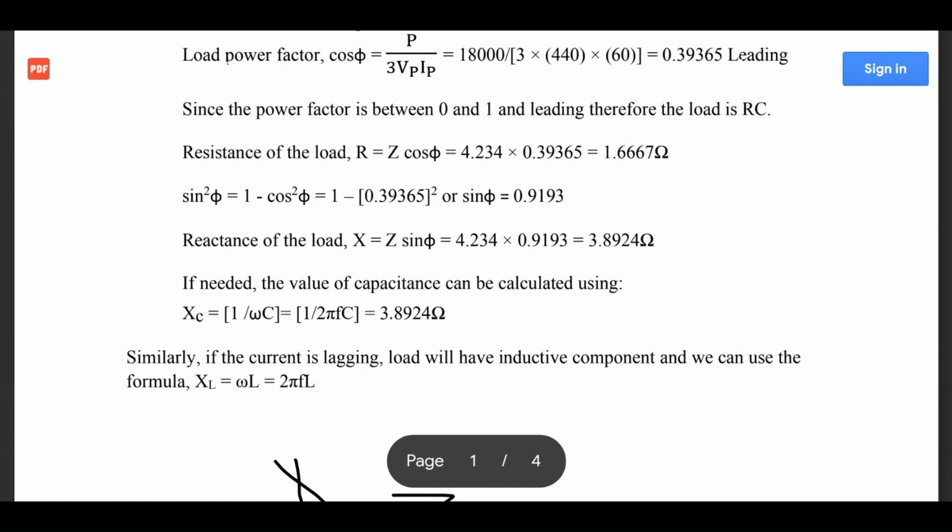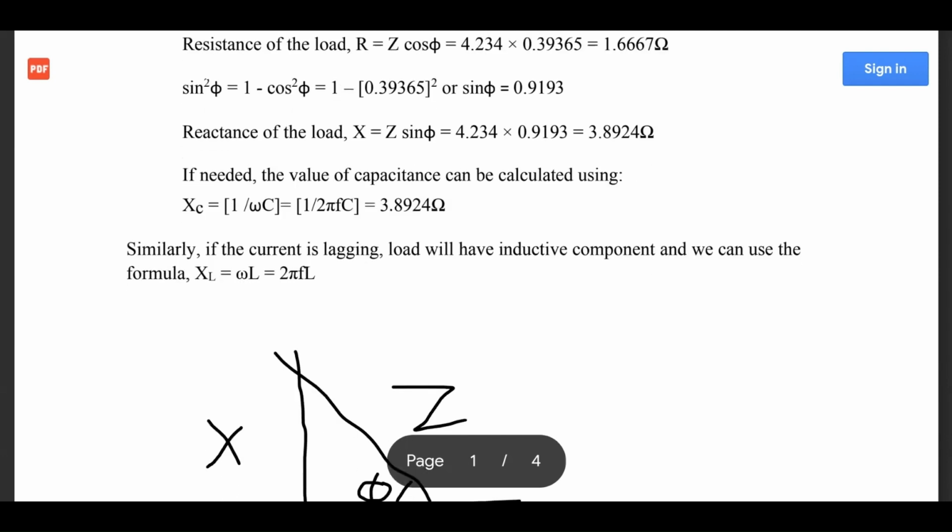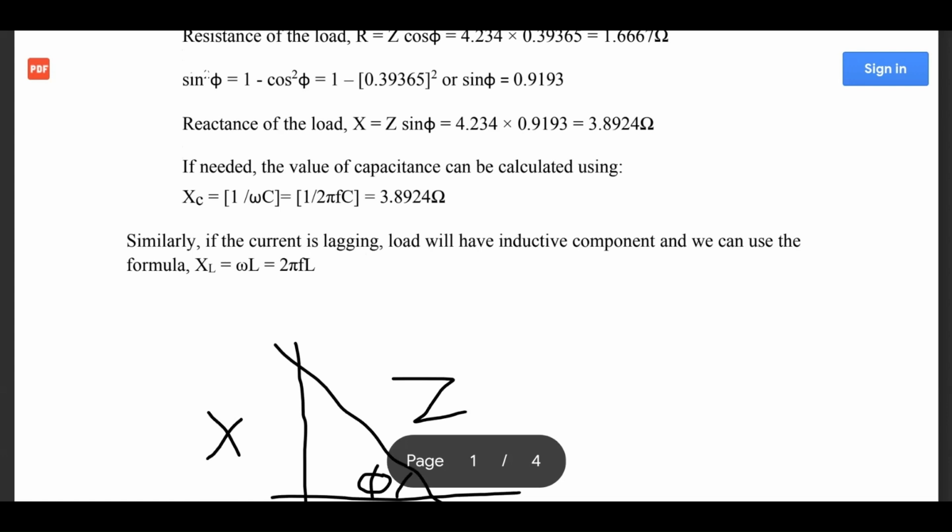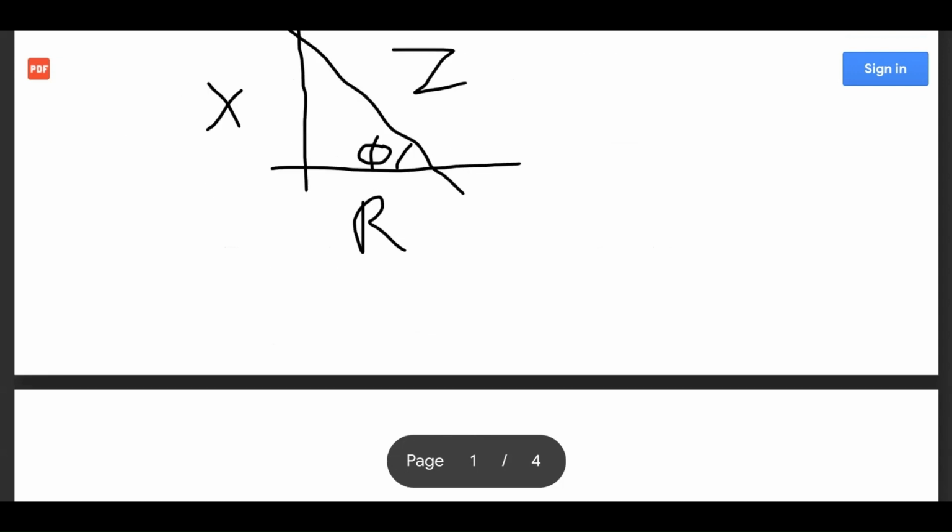R is equal to Z cos phi, Z is known to us, cos phi is known to us, so we can calculate the value of the resistance. We can calculate the value of sin phi, and on substituting sin phi in Z sin phi, we will get the reactance of the load. This is the primary part of our numerical, but if we want to calculate the magnitude of the capacitance, we can calculate it using the formula 1 by omega C. So let's move on to the next numerical.